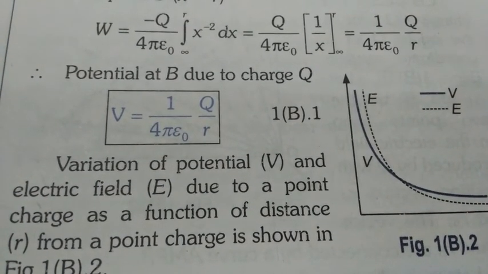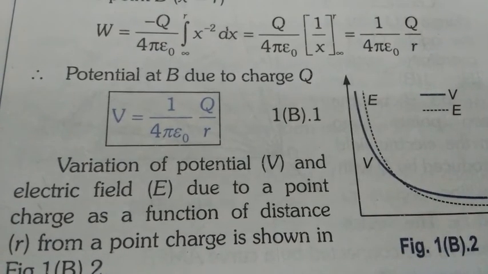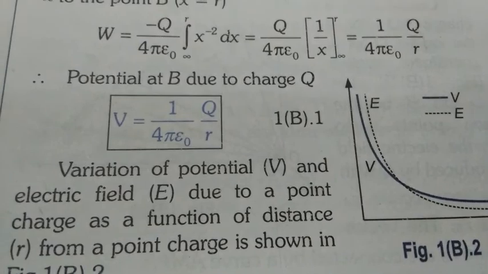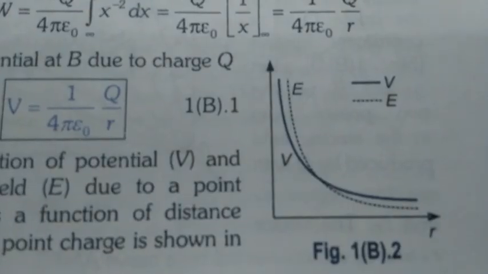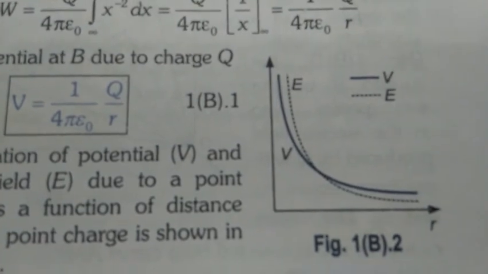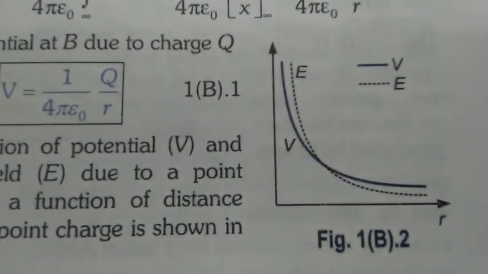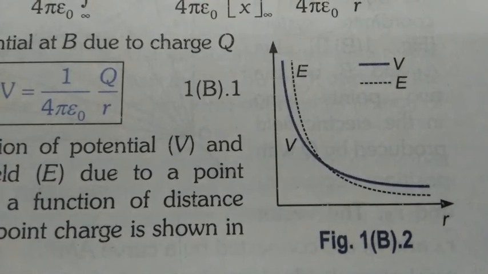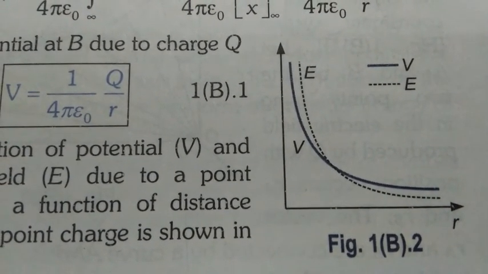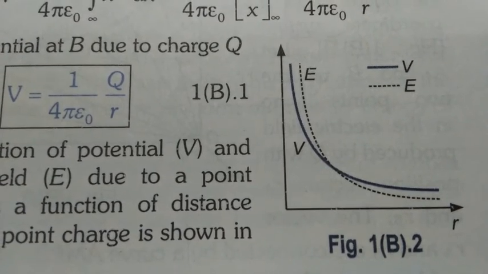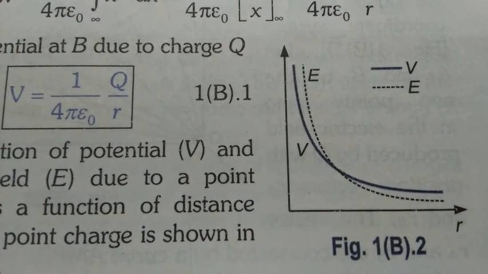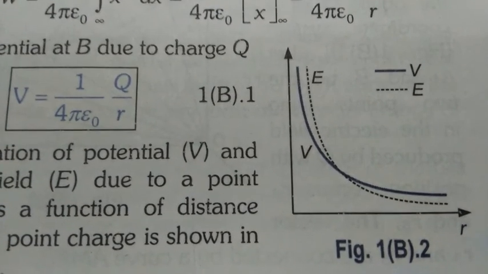So both potential and electric field are inversely proportional to r. When we plot the graph by taking r, the distance, on the x-axis, and potential and electric field on the y-axis, we will get a declining curve. Here the dotted line represents the electric field and the bold line represents the potential.